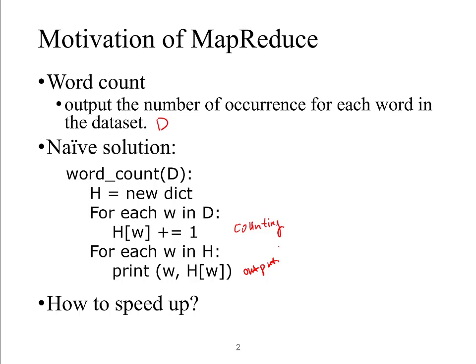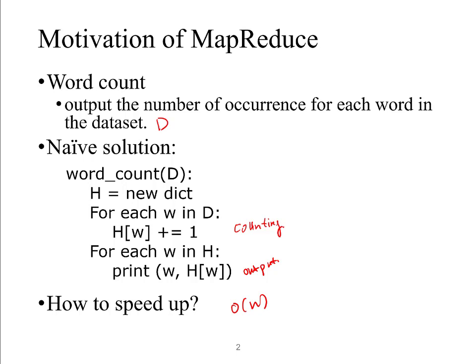Now the problem of the naive solution is it needs to go through the whole dataset and do the counting for each and every word. Now consider the example that we have shown before, the Google Ngram Viewer project.